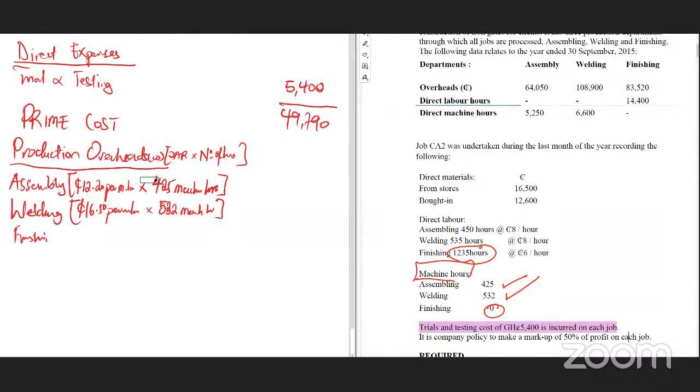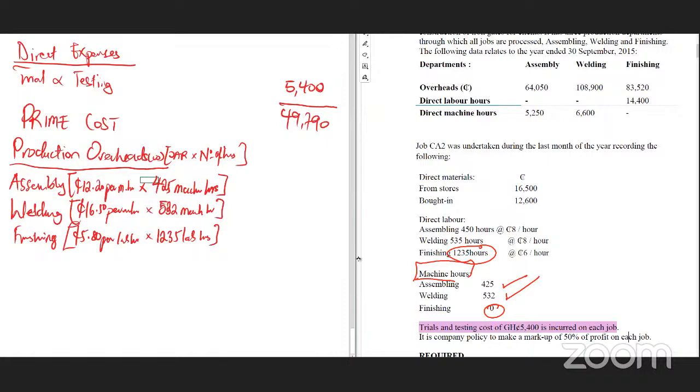I believe finishing was 5 cedis, 80 pesos per labor hour, right? That was labor hour. So how many labor hours were used in finishing? We check it here: 1,235 labor hours. Not so? Okay.